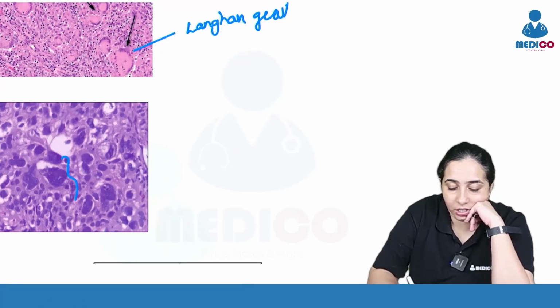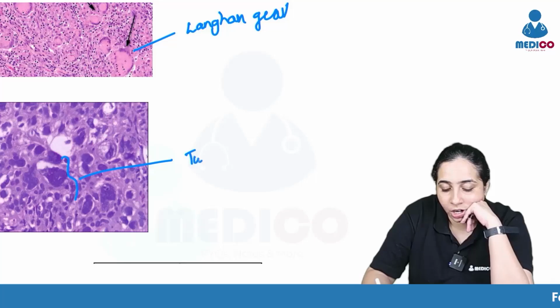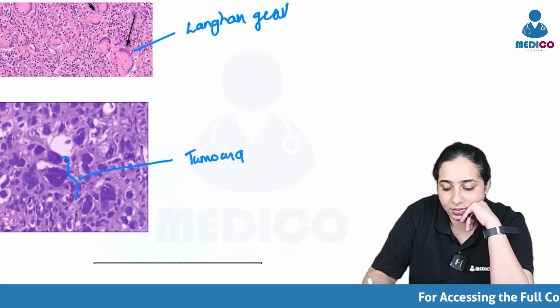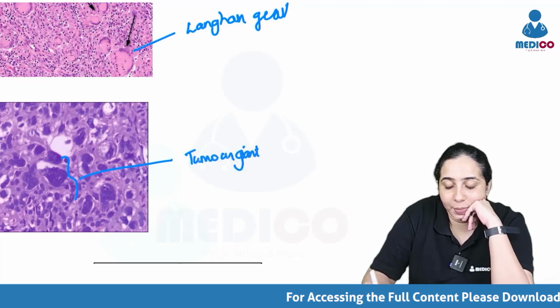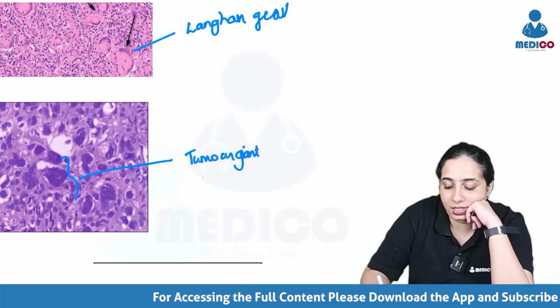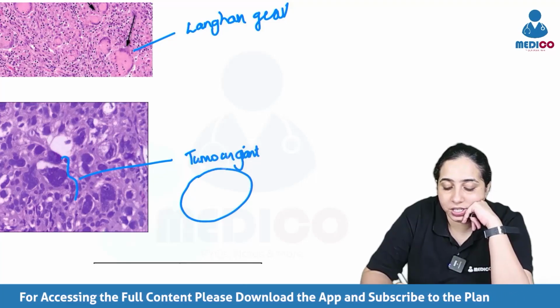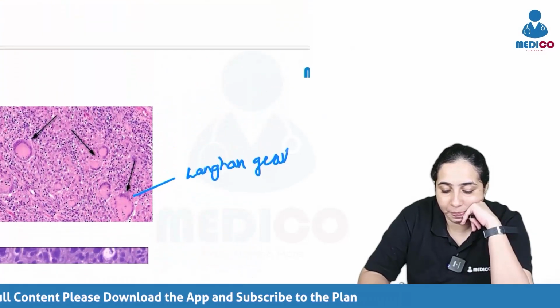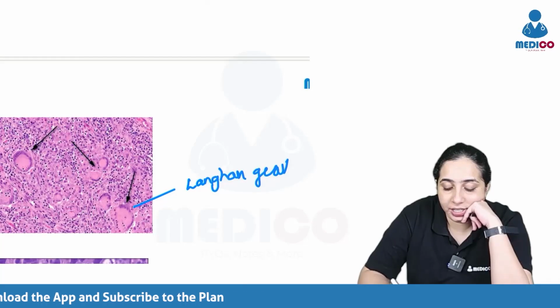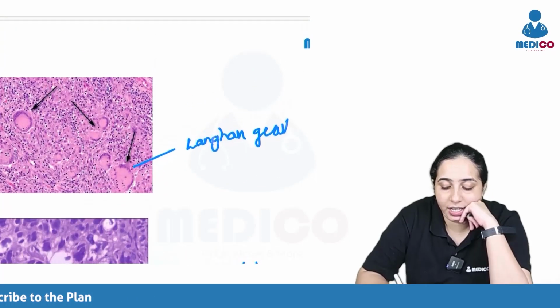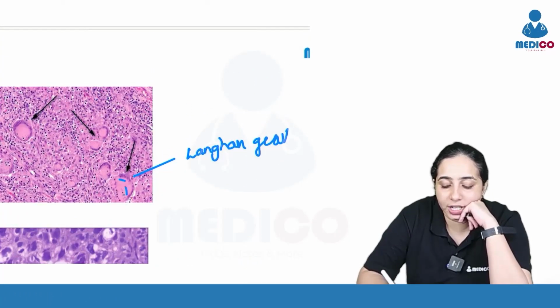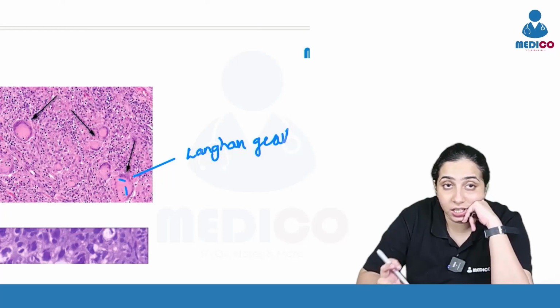Then these are your tumor giant cell. Now, why am I saying it is a tumor giant cell? I am saying so because if you compare nuclei in this particular case and this particular case, here the nuclei are more or less even. They are regular, they are uniform.